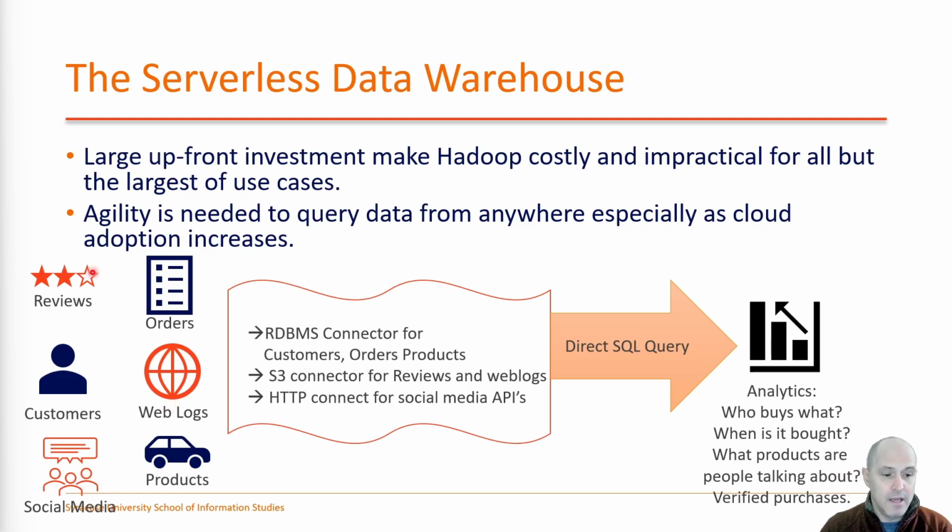So tools were created that allow us to not only query the relational database, but we can also connect to our object store, our S3. We can also connect over HTTP to connect to social media APIs and query those APIs directly. We can also read from files in a variety of formats, and this gives us a lot of flexibility.